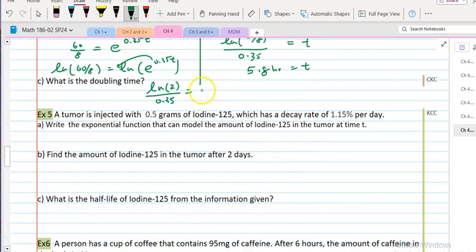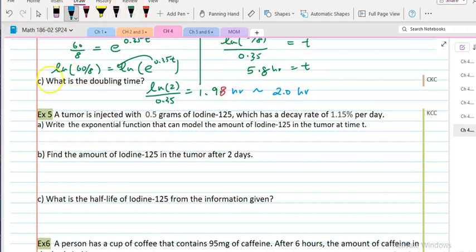Around 1.98 years. Sorry, it's not years, it's hours. I always make that mistake. So 1.98 hours, or around 2.0 hours. Okay.